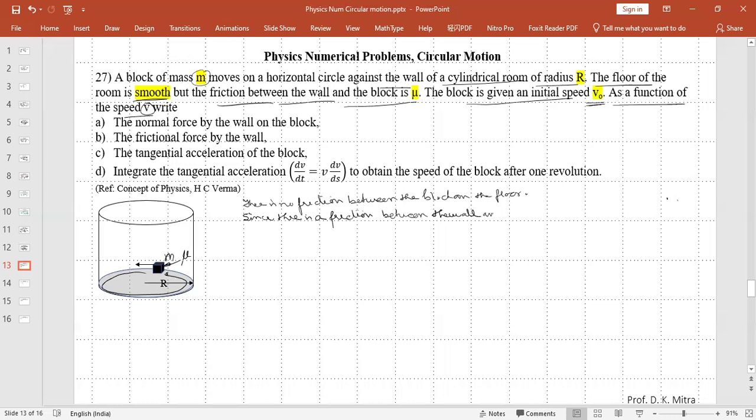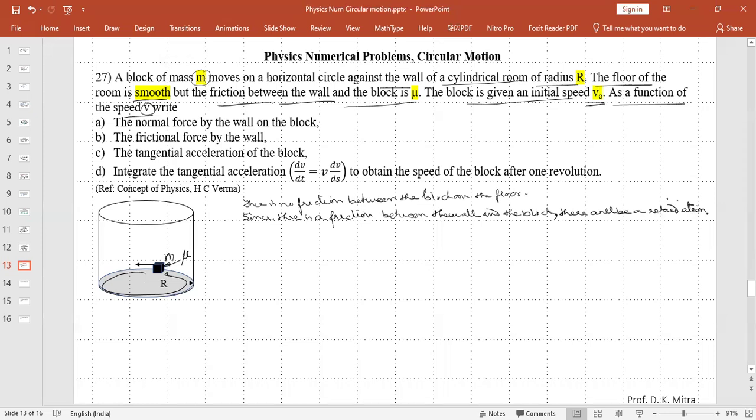Since there is a friction between the wall and the block, there will be a retardation. That means the block will gradually slow down and finally come to stop.